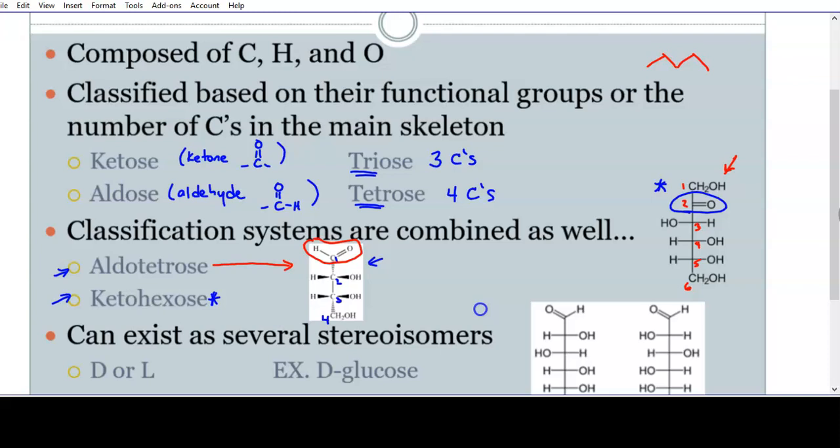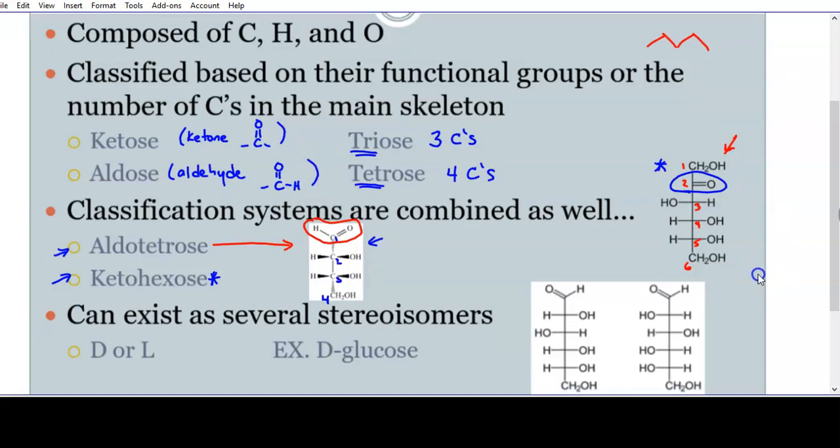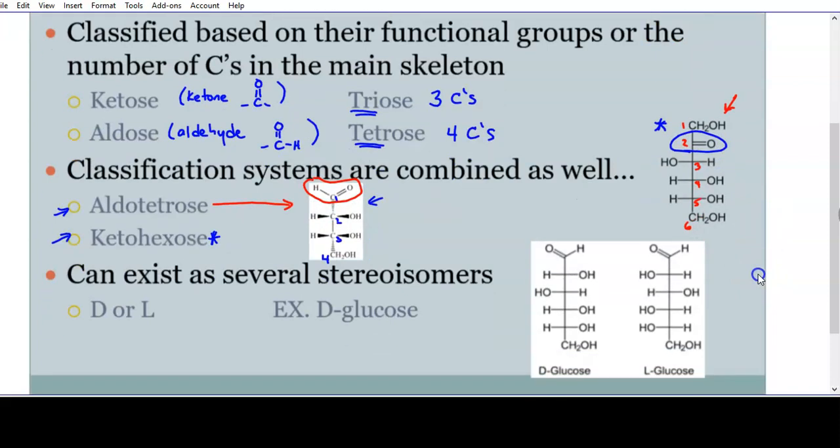Some things you are going to need to be able to do, once we learn more about the Fischer projections, is look at a Fischer projection and determine the type of carbohydrate that I have. Is it an aldose or a ketose? And what other numbers go with it? Does it have 5 carbons? Does it have 7? So on and so forth.